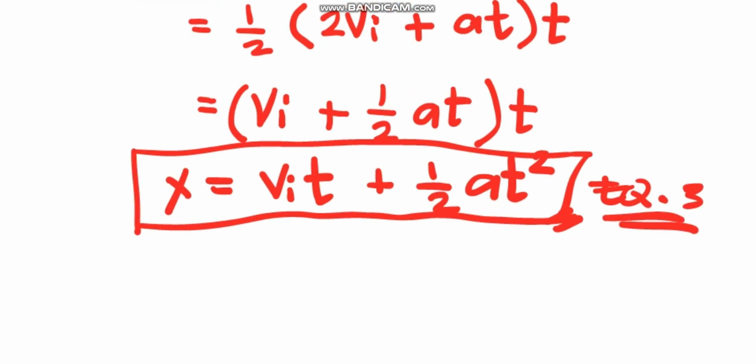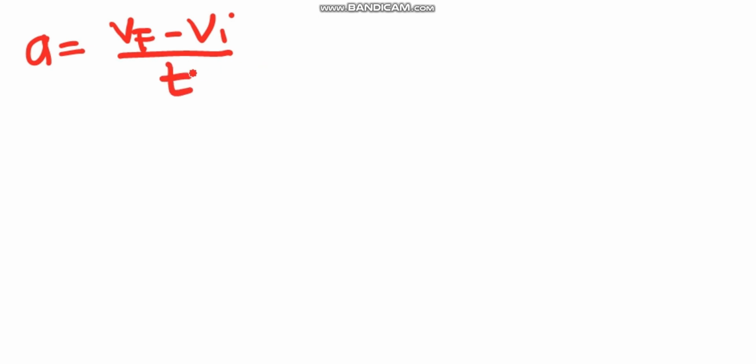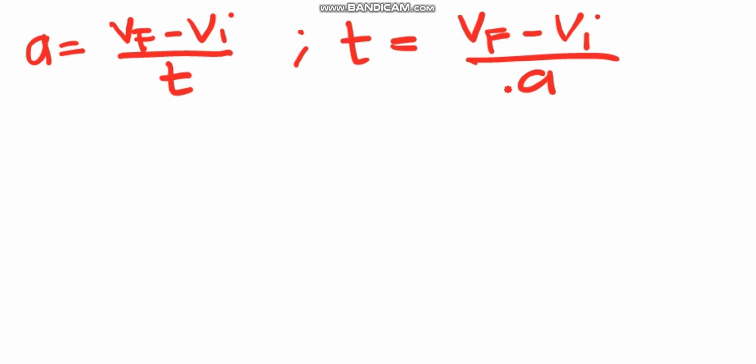For equation number 4, the fourth equation, from the acceleration equation, we have acceleration is equal to vf minus vi all over t. Let us get t, the time, from this equation. We'll have time is equal to vf minus v initial all over acceleration. Now, substituting this equation for t into our equation number 2.